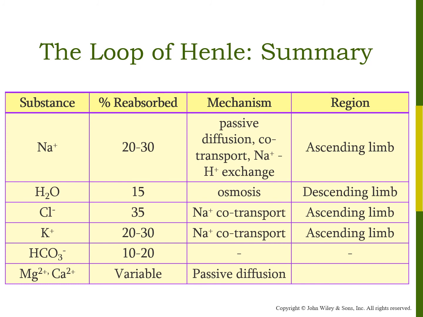There are also sodium hydrogen antiporters that allow sodium to be absorbed and hydrogen to be secreted in the thick ascending limb of the loop of Henle. This is most likely tied to the further reabsorption of bicarbonate that is also seen in the loop of Henle.